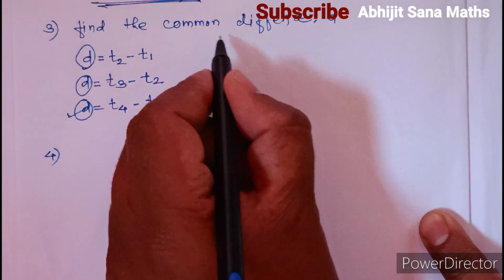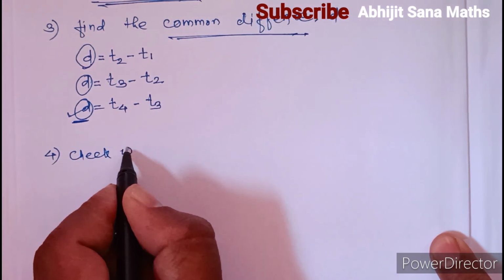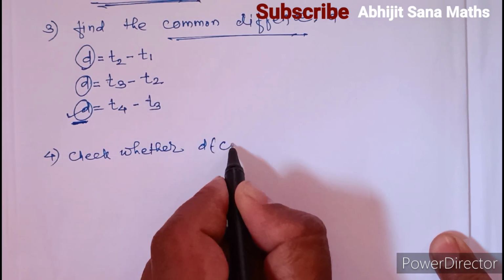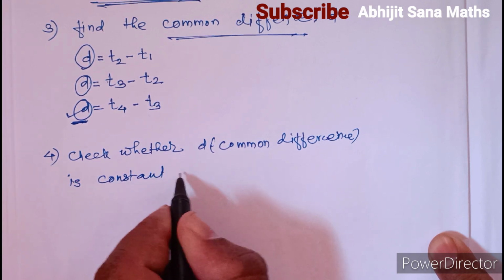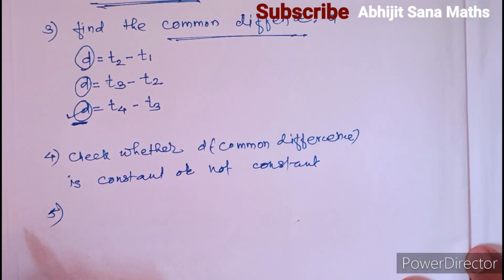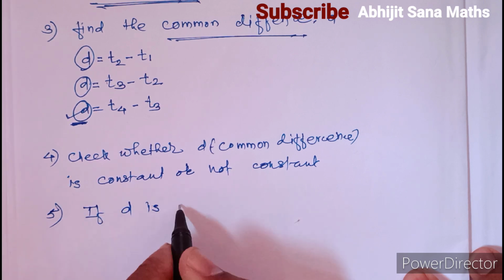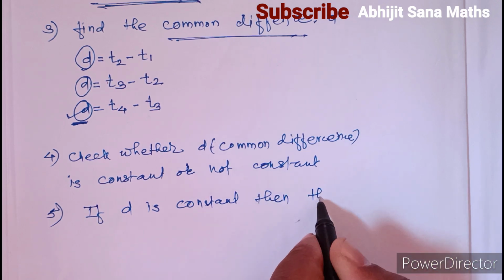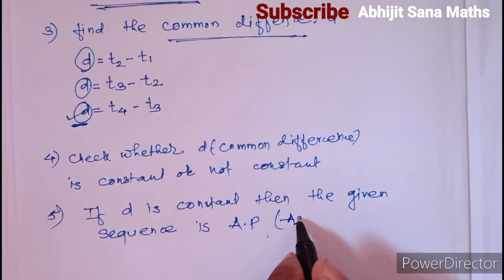Now, after finding the value of common difference d, check whether this d, the common difference, is constant or not constant. If we find d is constant, then the given sequence is AP, meaning arithmetic progression.